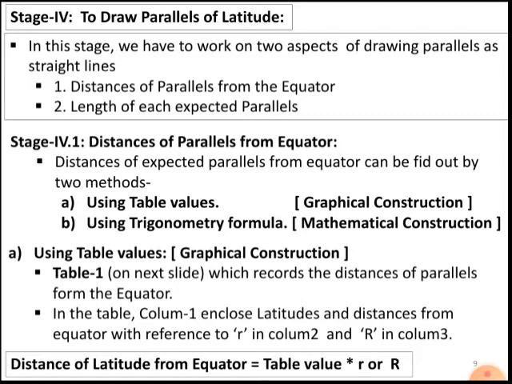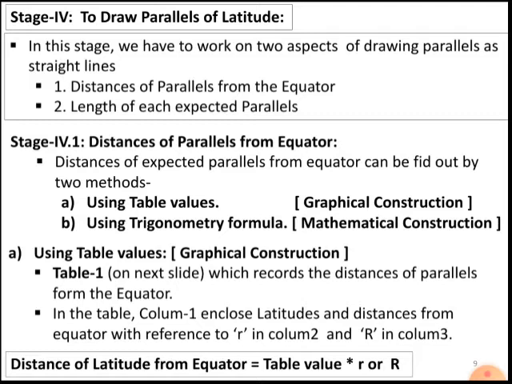So first, A, using the table values. It will be beneficial for the graphical construction, no doubt. There is Table 1 in the next slide. You will find certain values of the respective parallels from the equator, which will help to find the distances. In the table, column number 1 contains the latitudes, and the distances from the equator with reference to r are in column number 2 and column number 3.